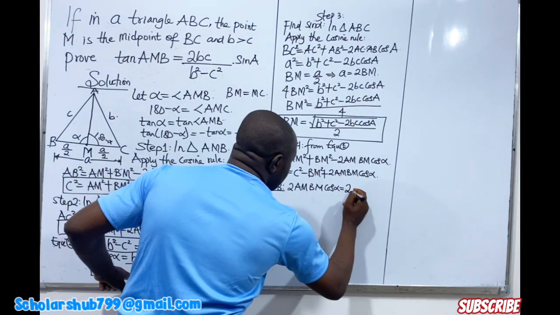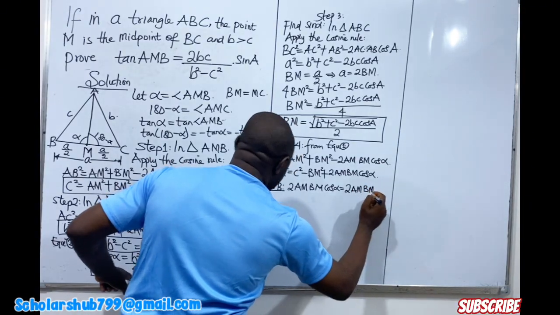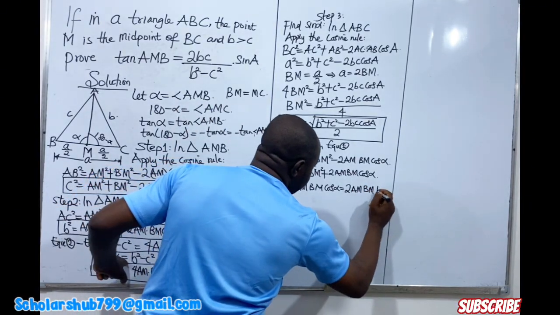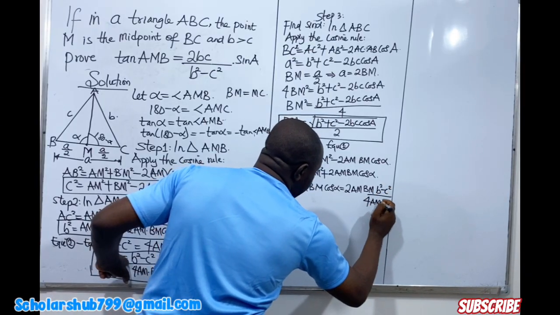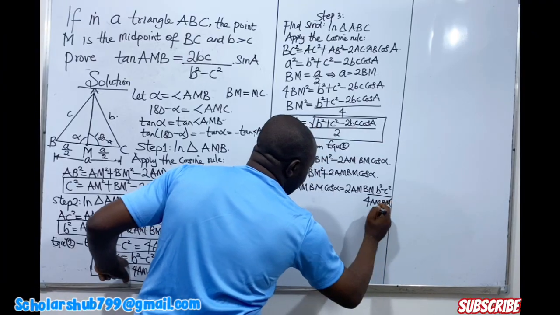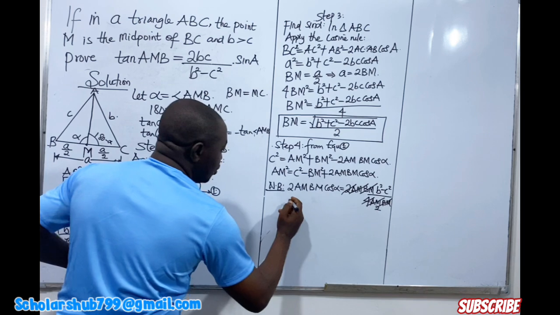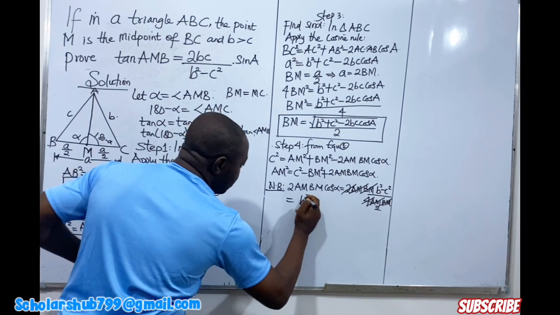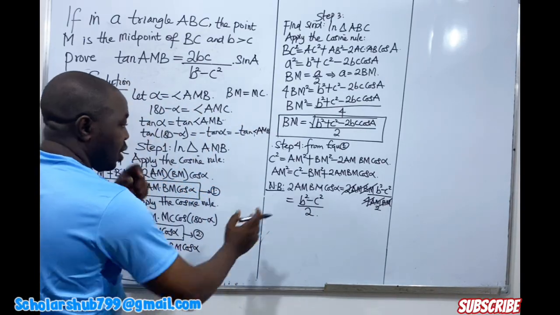So this would be 2 AM BM multiplied by b squared minus c squared over 4 AM BM. So BM will cancel BM, AM will cancel AM, and this will be 2. So that means this will give us b squared minus c squared divided by 2. So we're going to add the 2.